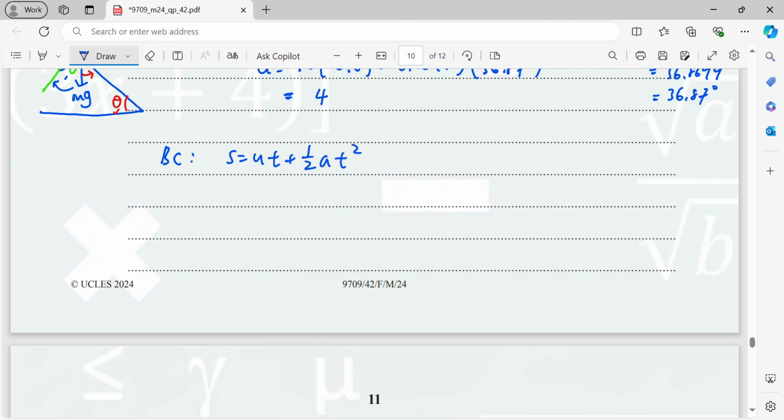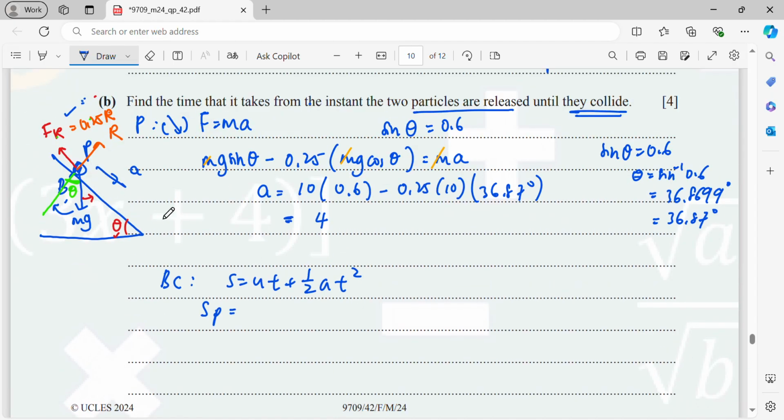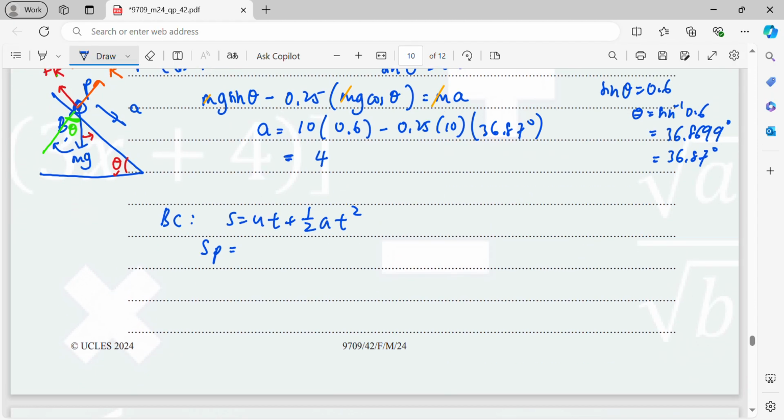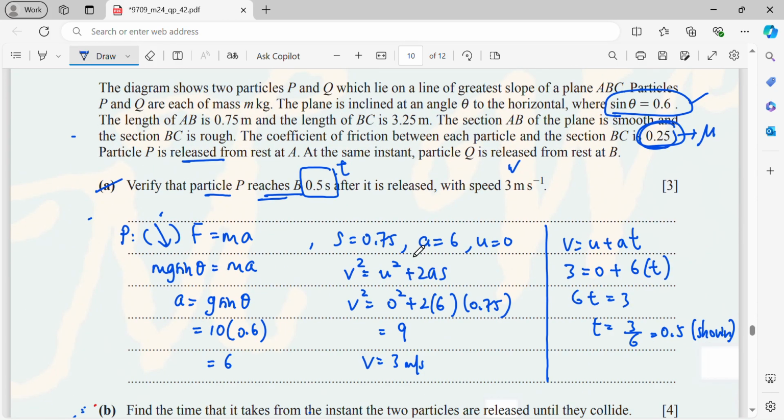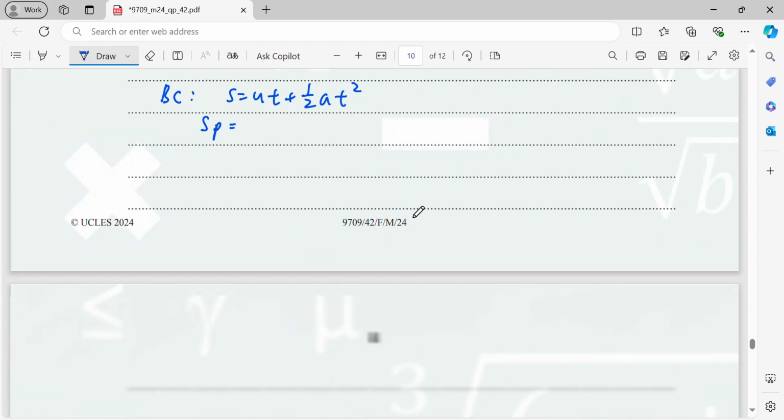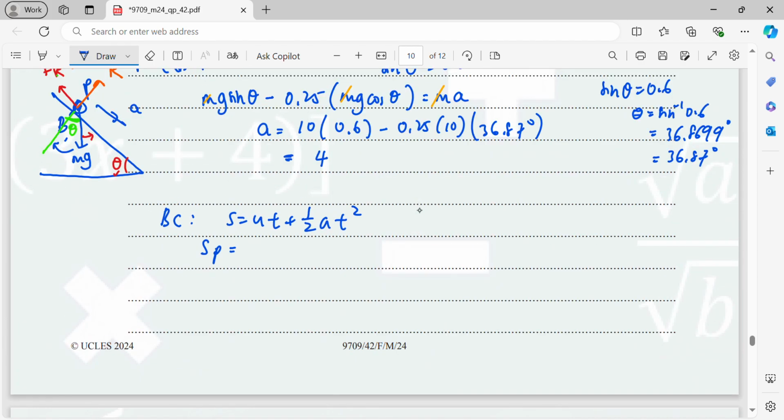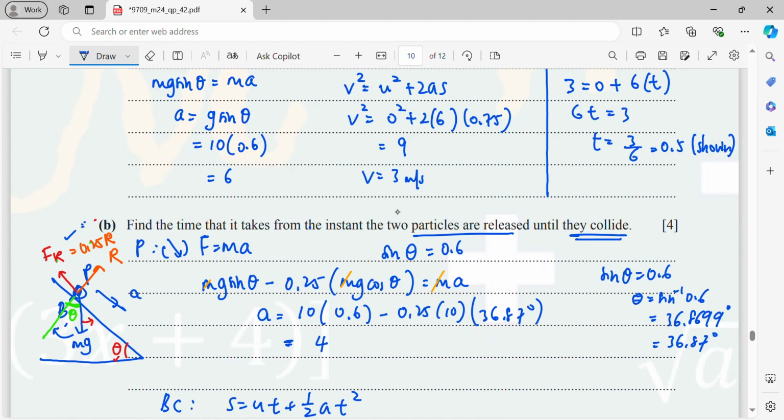When they collide, the particles P and Q will have traveled the same distance from B onwards. So I will calculate from B onwards. Now my particle P, when it reaches B, the speed is 3. So the U here is basically 3. Then T is unknown because you need to find the time.